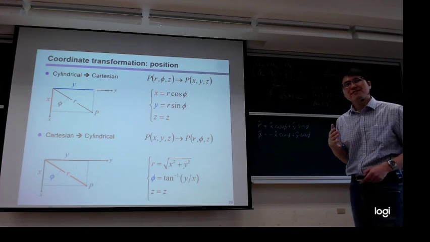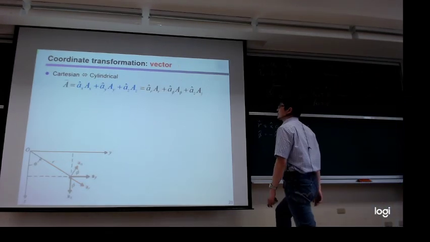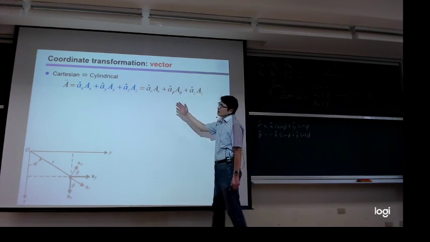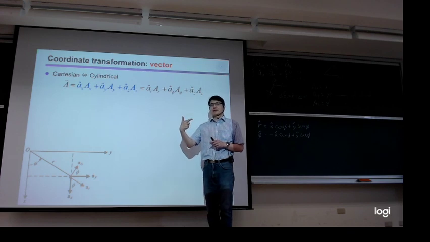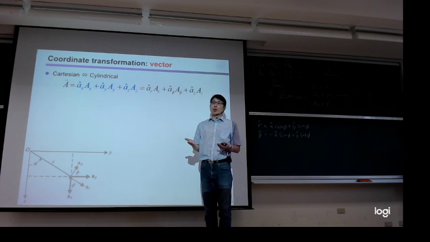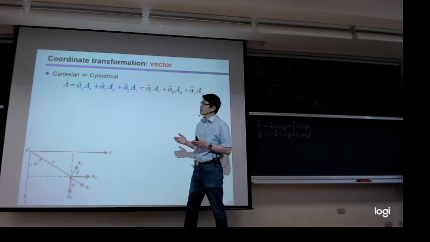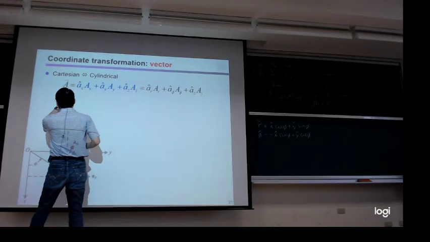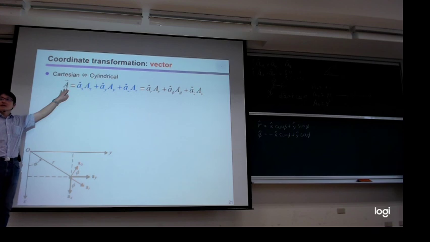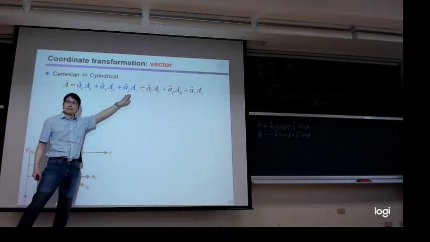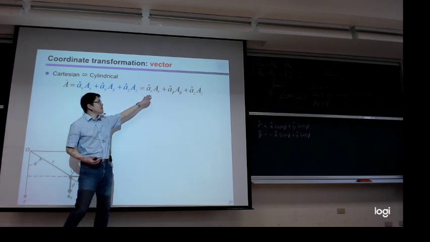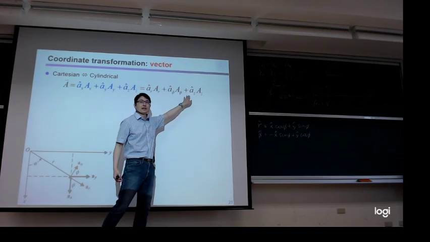But what about the vectors? Take a good look. As I mentioned, a vector can also be expressed using whatever orthogonal coordinate system you like. So what I'm saying is, this vector A can be written down in the form of Cartesian coordinates, but it can also be written down in the form of cylindrical coordinates.